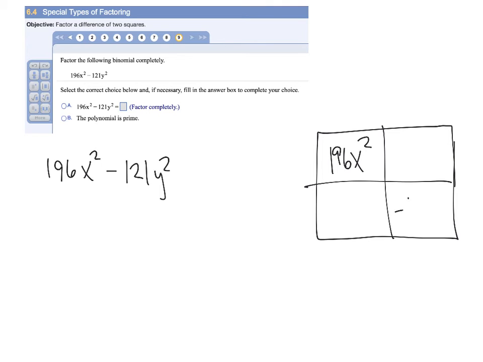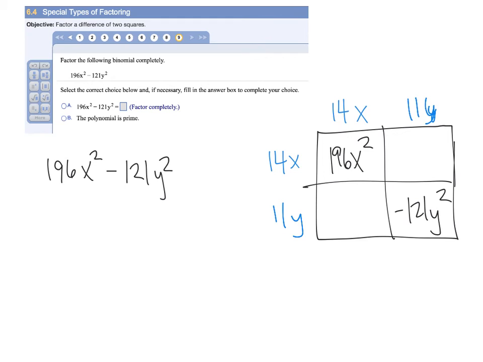We've got negative 121y squared. And so 196, you just got to know that that's 14x times 14x. 14 times 14 is 196. And then the same way, you got to know that 11 times 11 is 121. So that's going to be 11y times 11y.